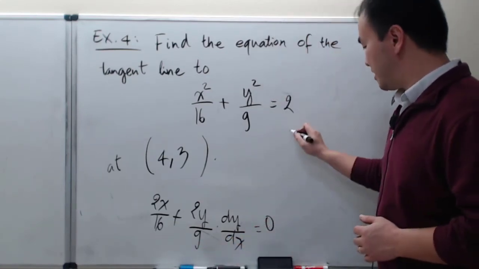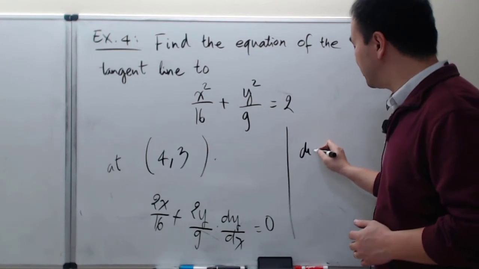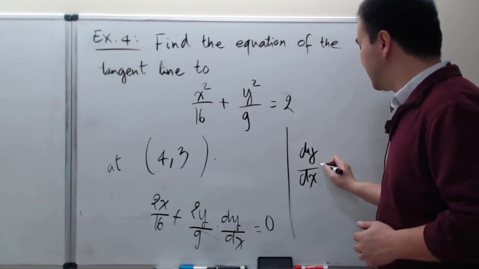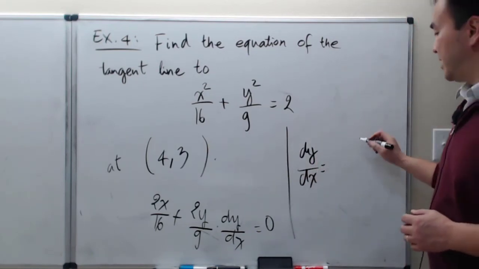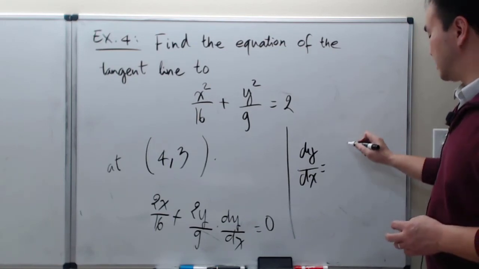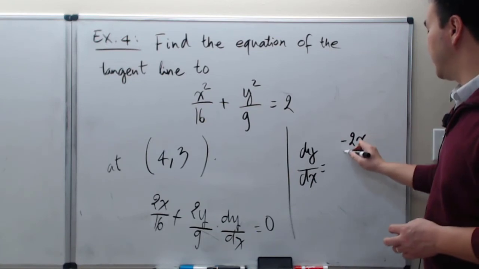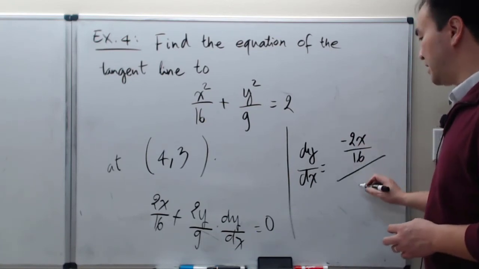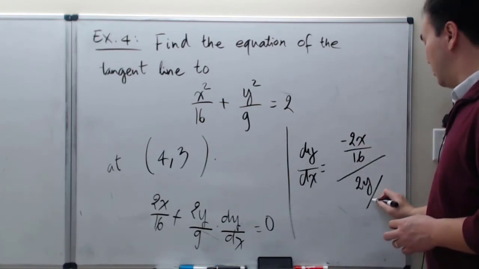And so in that way, our final dy dx here is going to be minus 2x over 16 divided by 2y over 9.